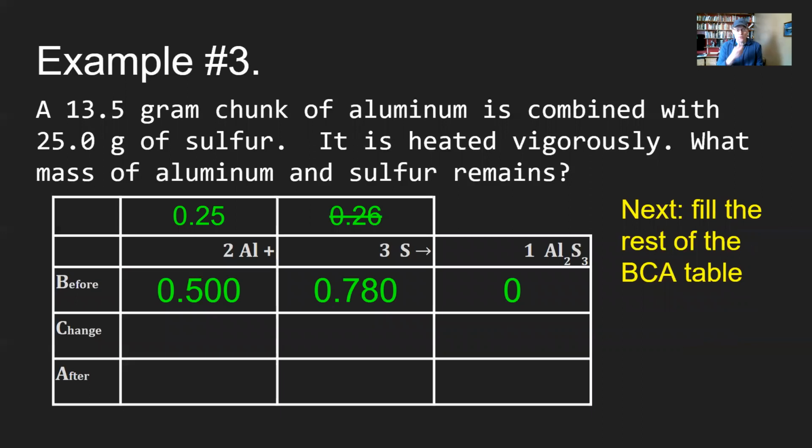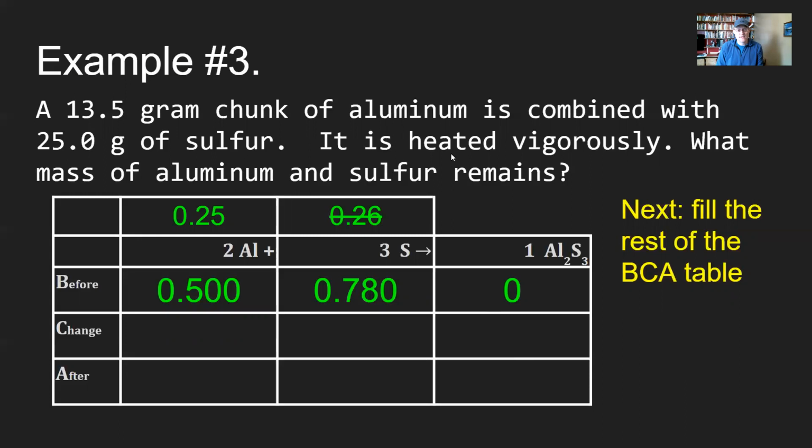You'll notice that we end up with 0.5 moles of aluminum and 0.780 moles of the sulfur. When I divide the 0.5 by 2, I get 0.25. When I divide the 0.780 by 3, I get 0.26. 0.26 is the bigger number, 0.25 is the smaller one, so the 0.25 is what we're going to use to fill out the rest of the table.